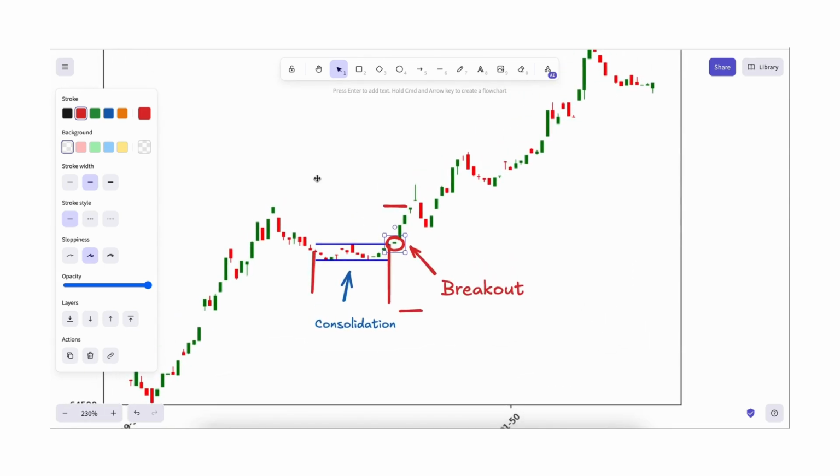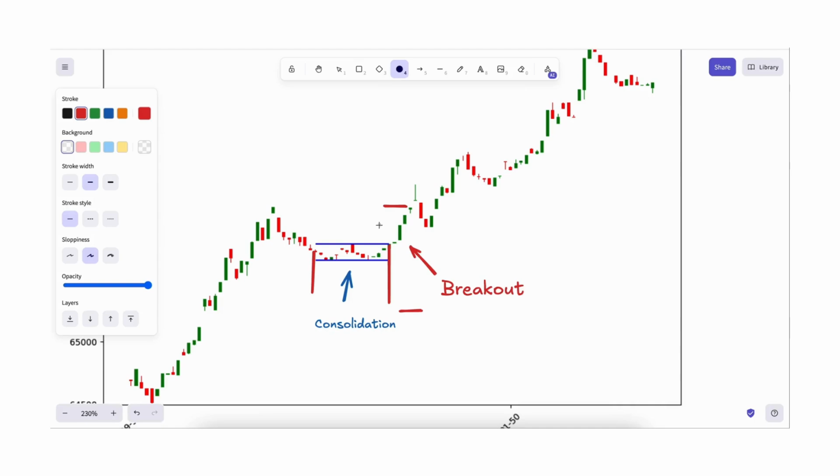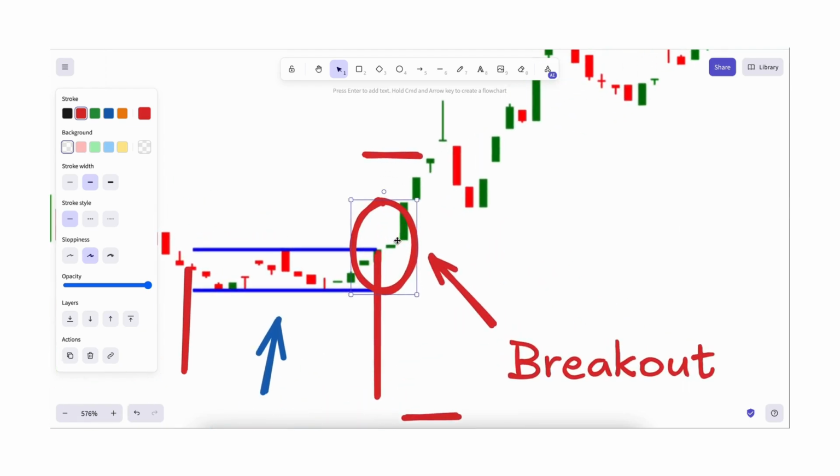One big question is, if we have a breakout, are we going to break out on the bullish side or the bearish side? This is one question that we've tried to answer in the simplest possible way. We've said that if the open here is larger than the breakout value, then we're going to break out on the bullish side, which may or may not be true. In this case, it's barely above the consolidation value, which you can see here.